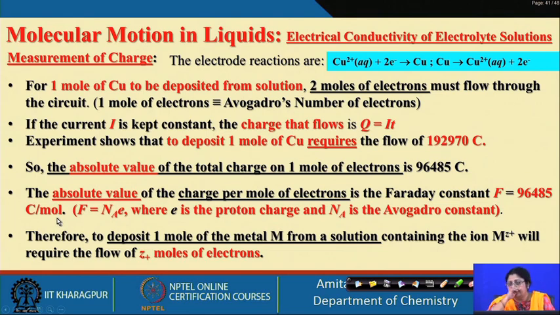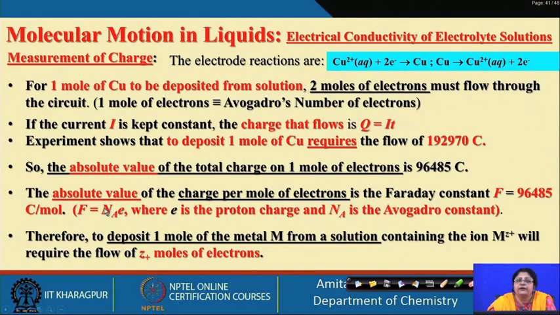Okay. So, the absolute value of total charge of 1 mole of electrons we have obtained from the experimental observation of how much charge flows for depositing 1 mole of copper. Similarly, if we want to find the absolute value of charge per mole of electrons, the Faraday constant is equal to the Avogadro number times the electron charge, or proton charge.